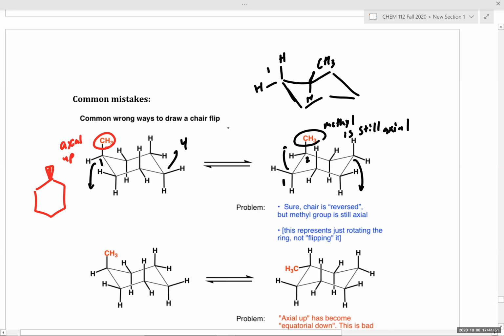And as we can tell, these two structures are clearly different. So make sure after a ring flip, you reverse the axial and equatorial positions of your substituents. Additionally, make sure your carbons are appropriately adjusted and that you keep your substituents attached to the correct carbon number.